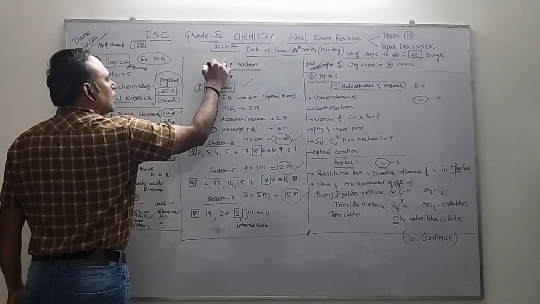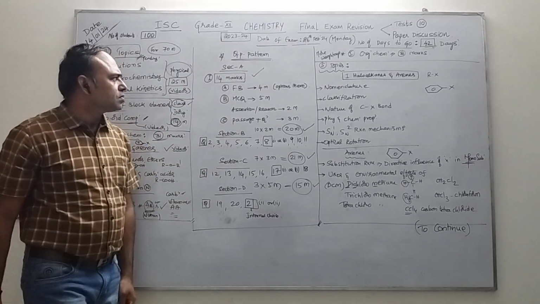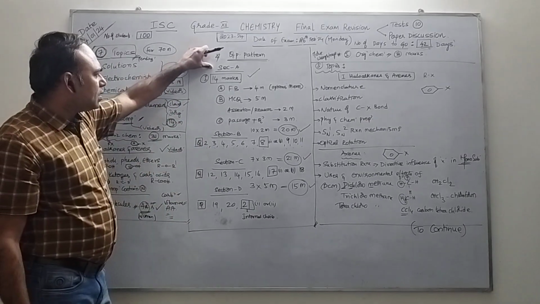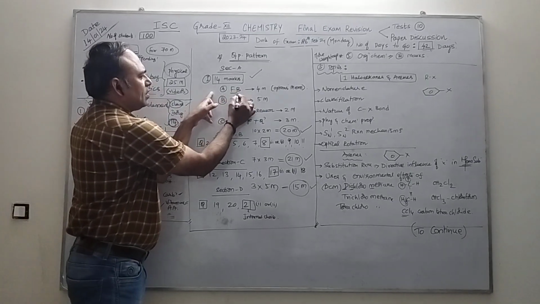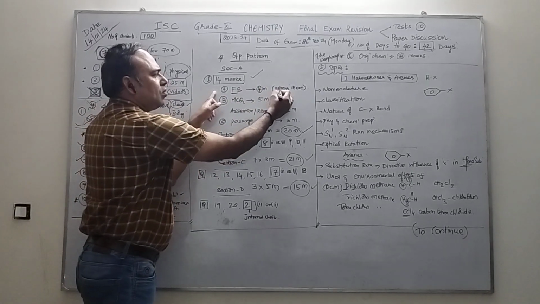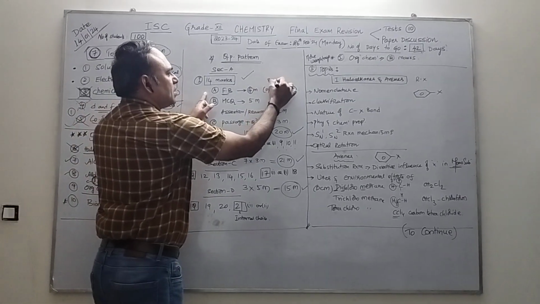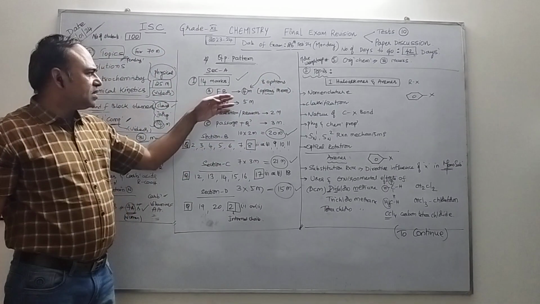Next, we have seen the syllabus. Now let us see the question paper pattern. In the question paper, section A has 14 marks. In that, fill in the blanks, 4 marks, and options are given. That means there will be 8 options and you need to select the correct 4, which is easy for you.